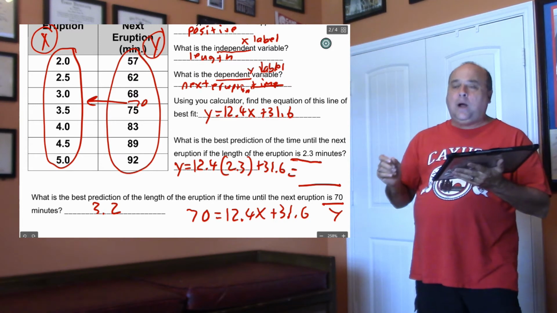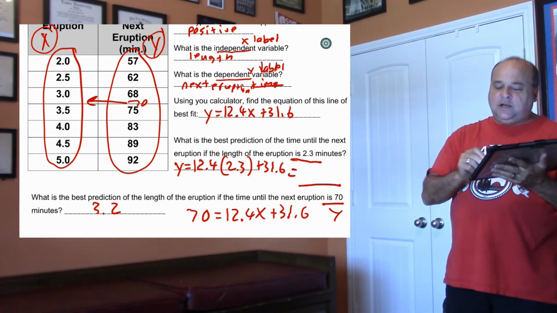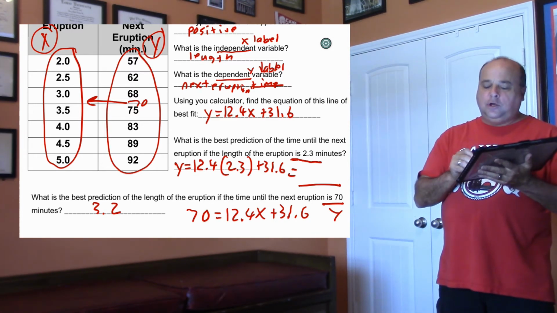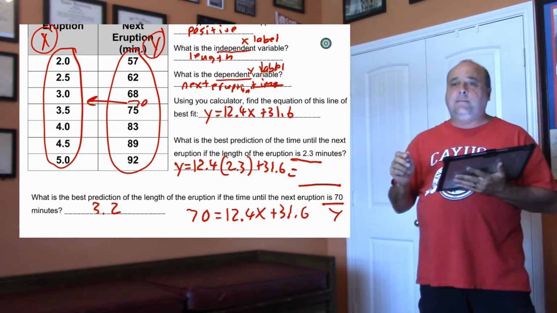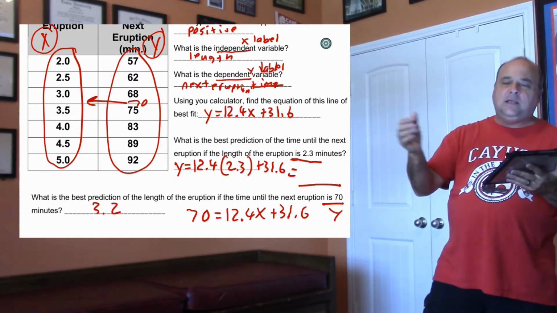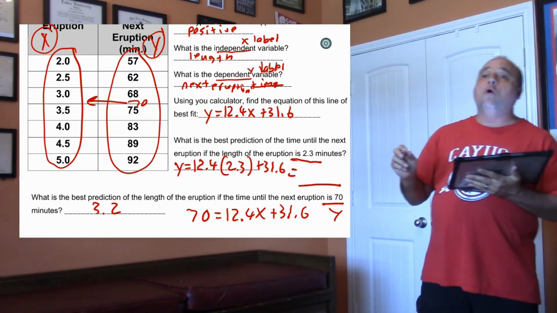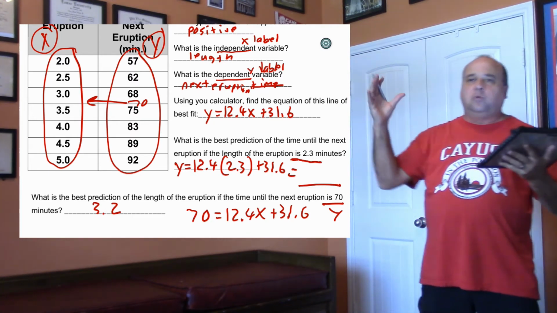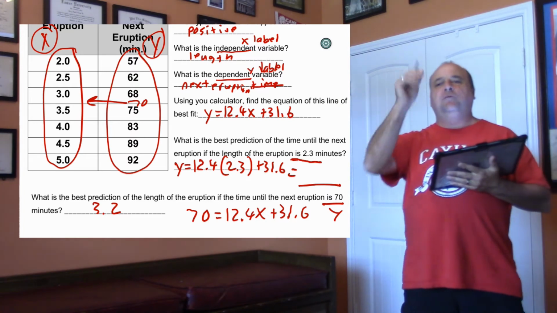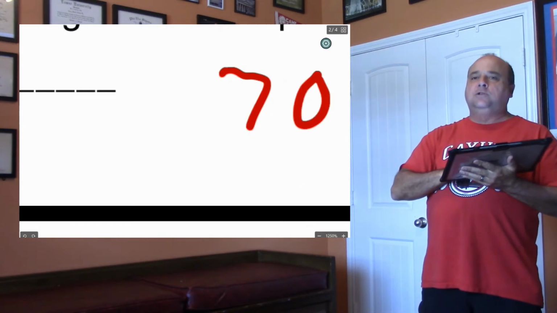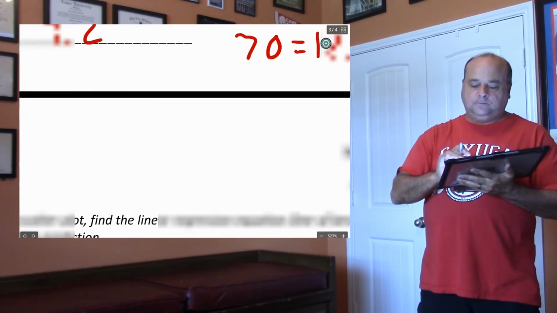Notice this will be my y, right? You're going to put 70 in here and solve this for x. So you'd move the 31.6 over and divide by 12.4. And that would give you the length of the eruption. This is brand new stuff. You've never done this before with the calculators, okay? So let's go to the next page.